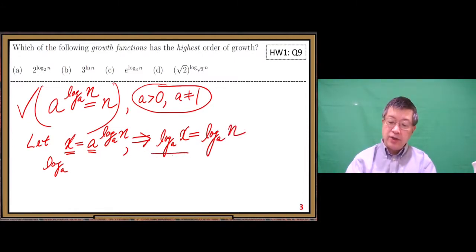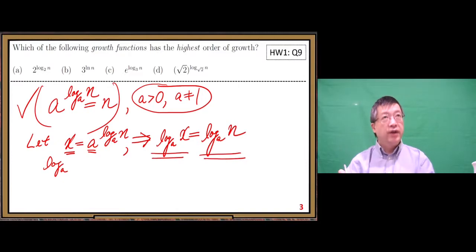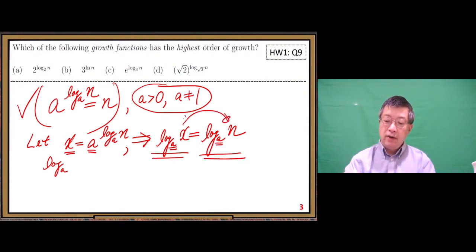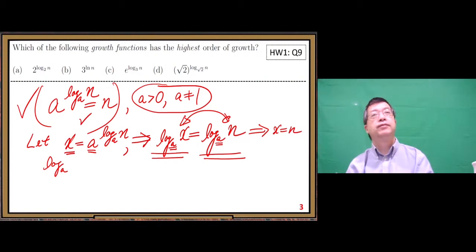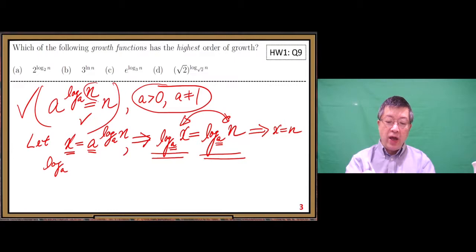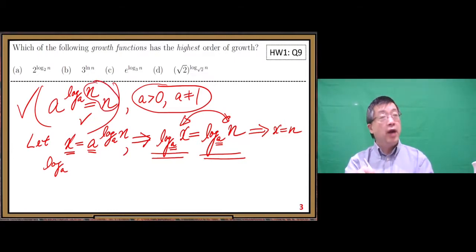Both sides have the same log base, so x equals n. So that is this formula. It is true even if n is not an integer. Although here we use integer, it is not necessary.